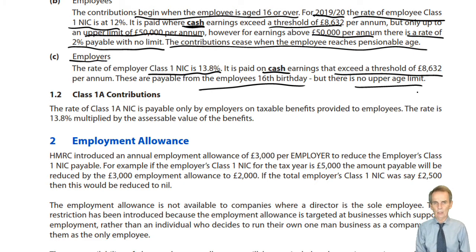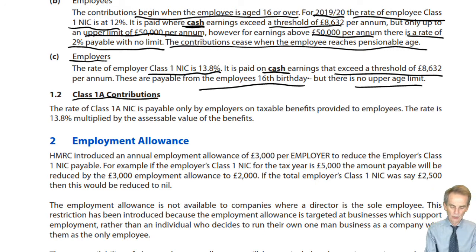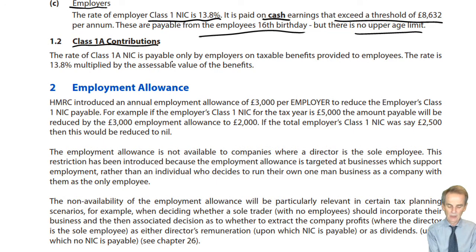Again, whatever age of the taxpayer, though the employee NICs will cease when you reach pensionable age, it doesn't happen in relation to the employer. And as we said, we've got Class 1A contributions. These are those payable only by employers, and they are on the taxable benefits provided to an employee.